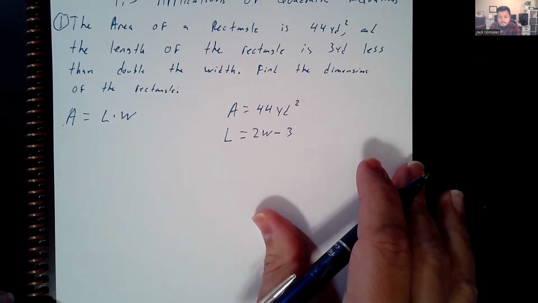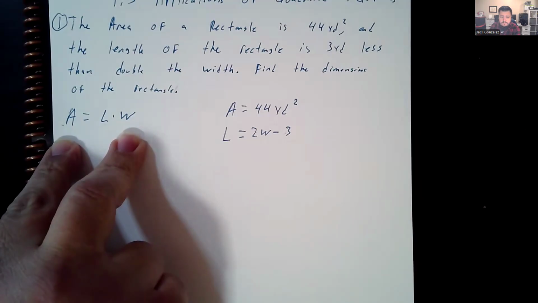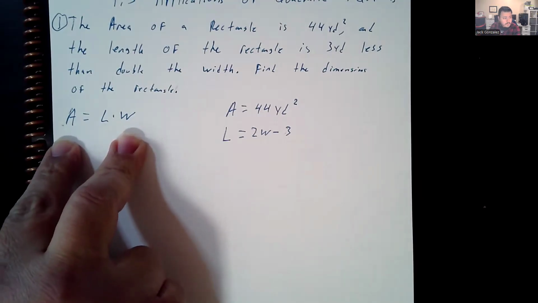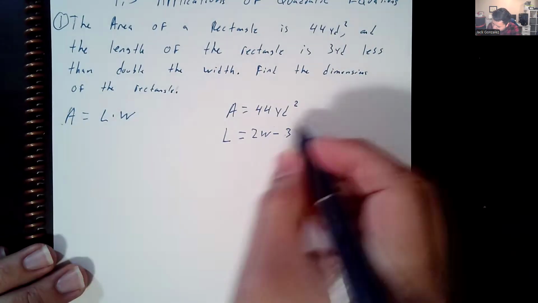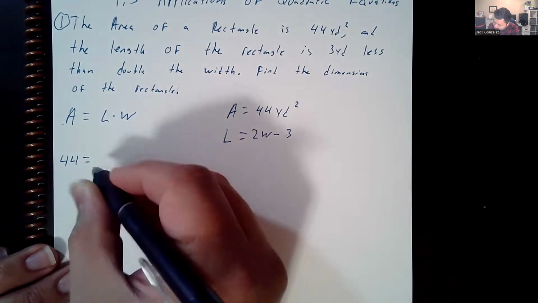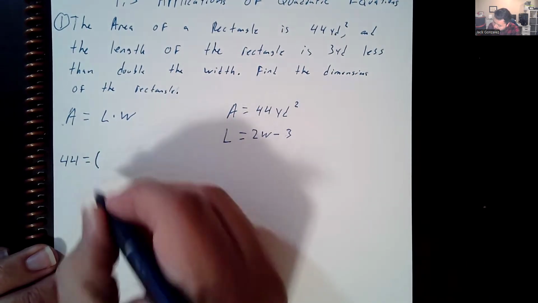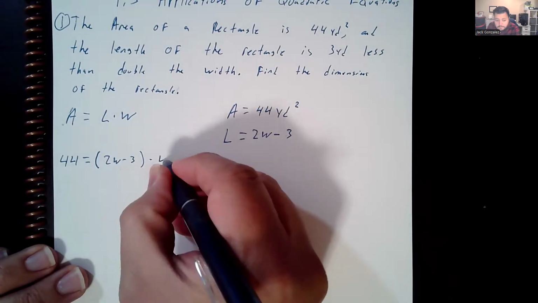Now, if we were to solve for width, I don't think we need to. Yeah, this is what we're gonna do. We're gonna plug in area and length into here and have everything in terms of W, which is width. Okay. All right. So I'm not gonna write the yards. I mean, I probably should, but just so it's not so messy, plug in the L, plug in the A. All right.